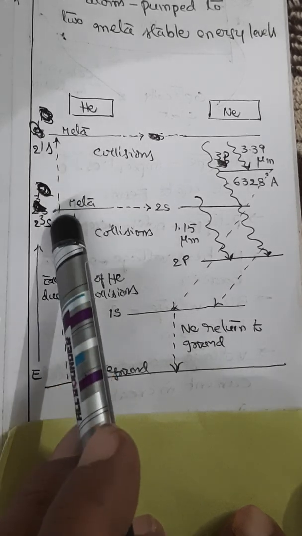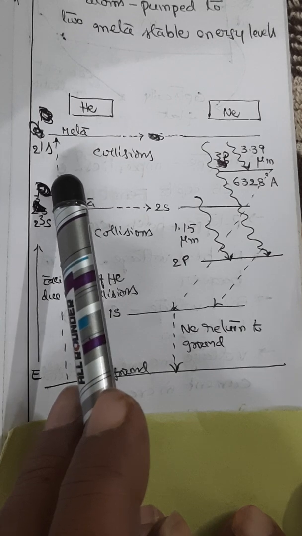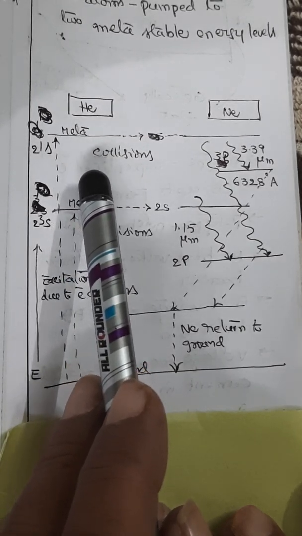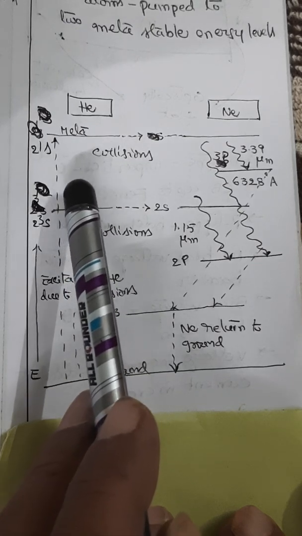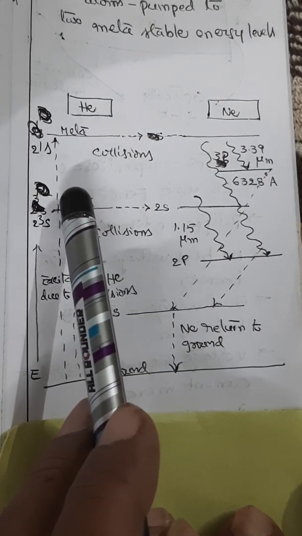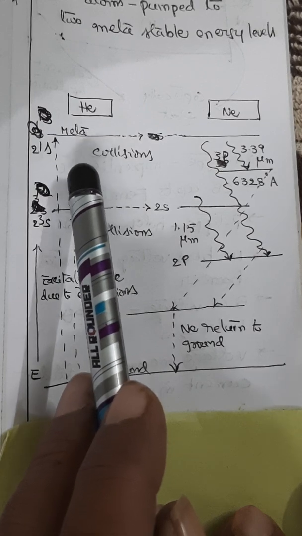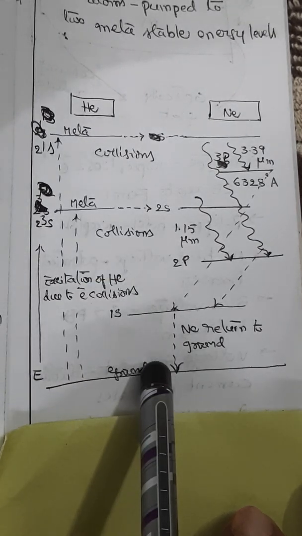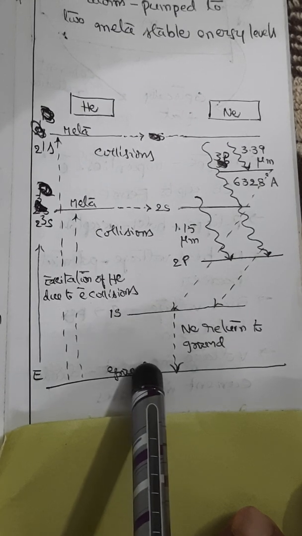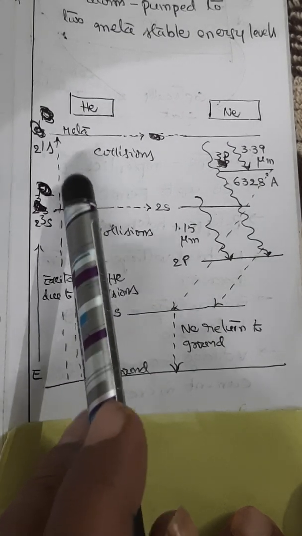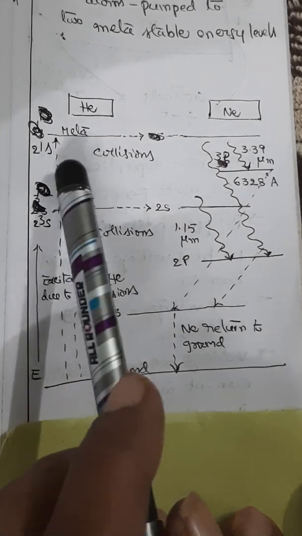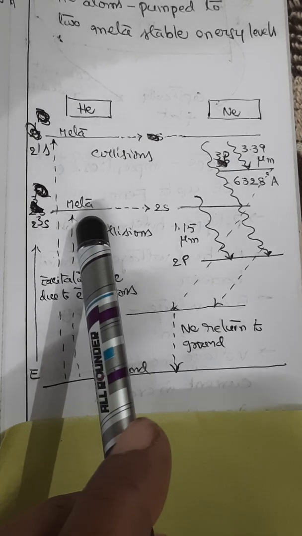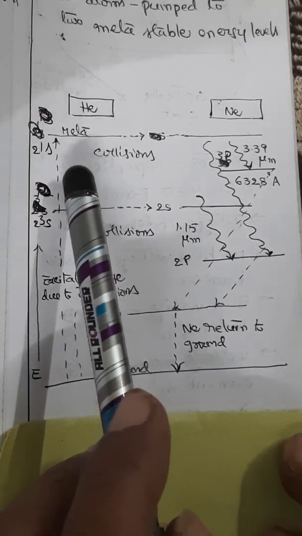In the metastable state, the atoms remain a relatively long time because of the lifetime. So, more helium atoms will be present in the metastable state than the ground state. That leads to an increase of population in each of these metastable states. So, population inversion can happen in the case of this particular laser.